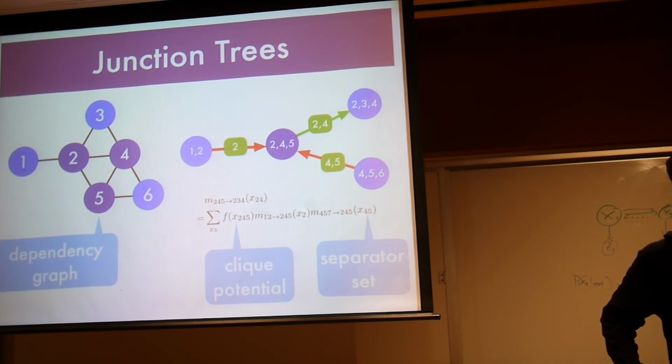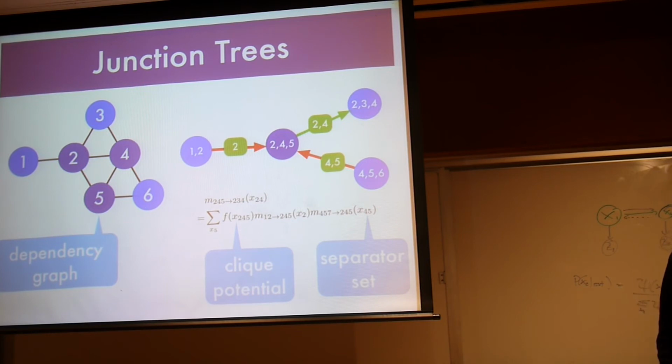So there are probably 3 landmark papers. One is called the Generalized Distributive Law. The other one talks about factor graphs, and there's a third paper which also has the Generalized Distributive Law in the title.